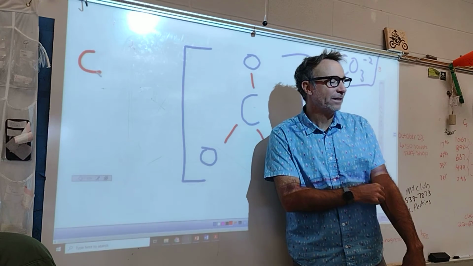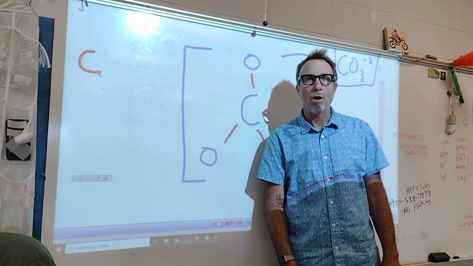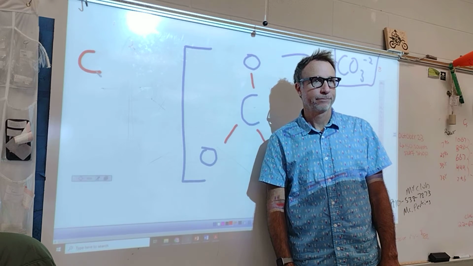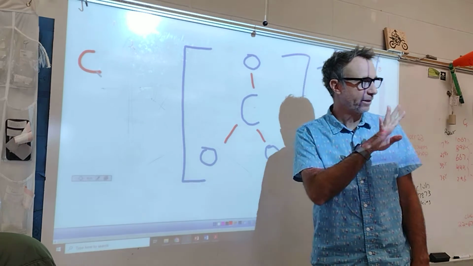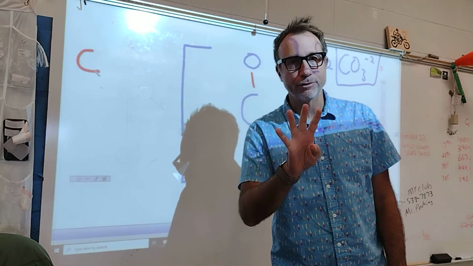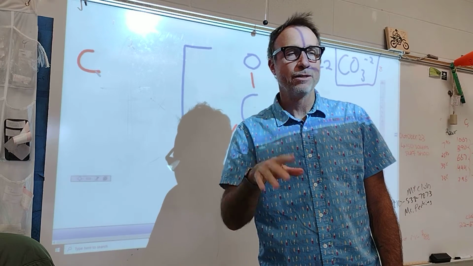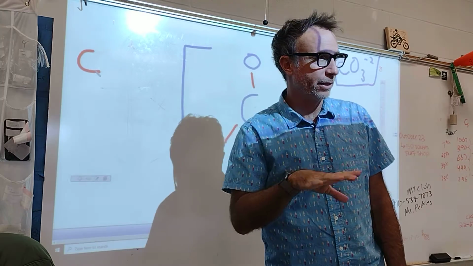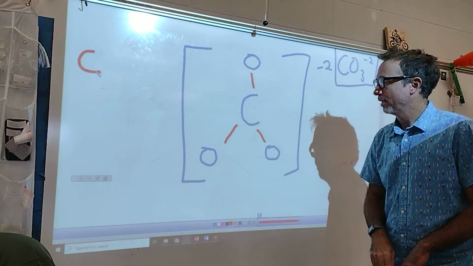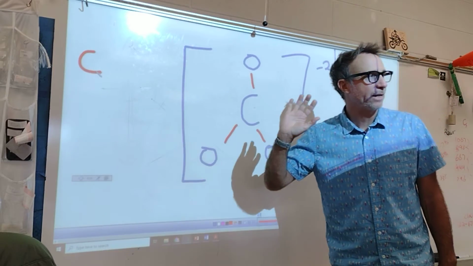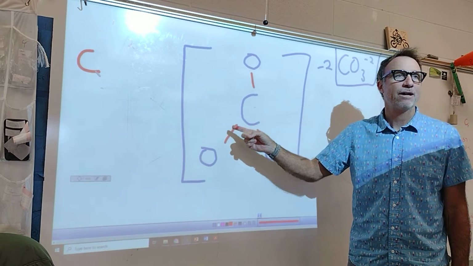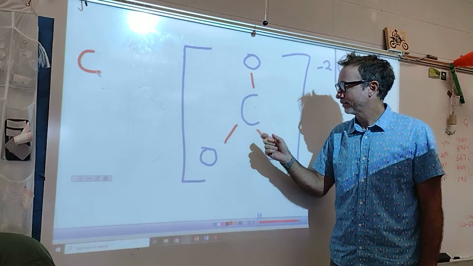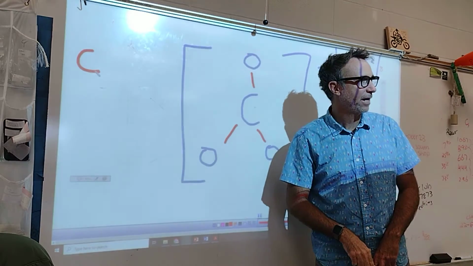How many lines does carbon want to make? 4. That's exactly right. If you at home don't know why carbon wants 4 lines, because it's in group 4, and we drew the lines on top of the periodic table, it wants to make 4. All right? So carbon wants to make 4, but how many does it have here? 1, 2, 3. Everybody see that?